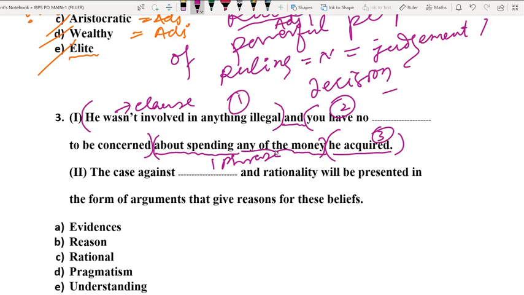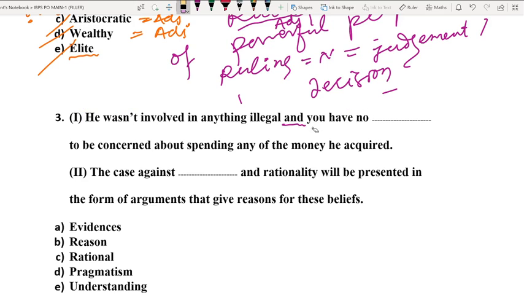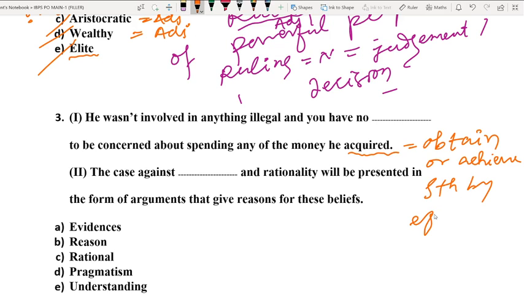So let me tell you the meaning of the sentence, and then we are going to arrive at the options. Dear friends, what is the meaning of the word acquire? Acquire is a verb. It means to obtain or achieve something by effort.